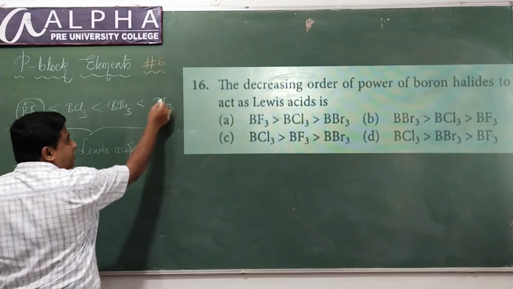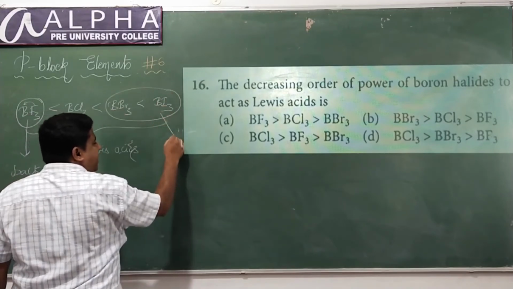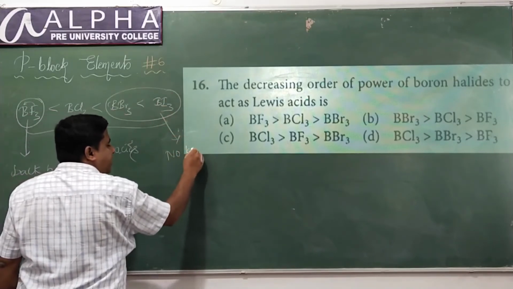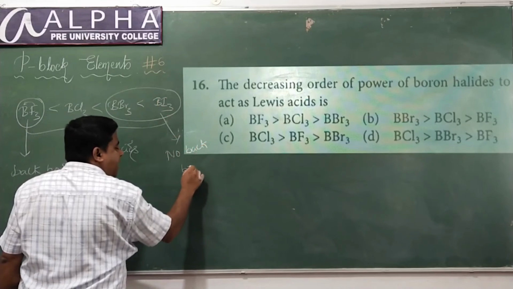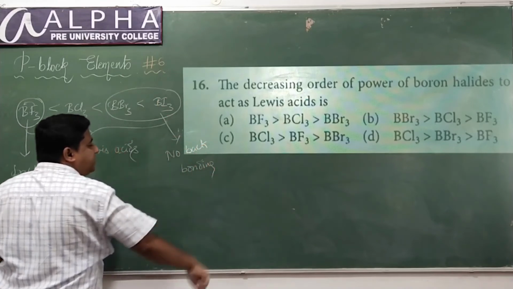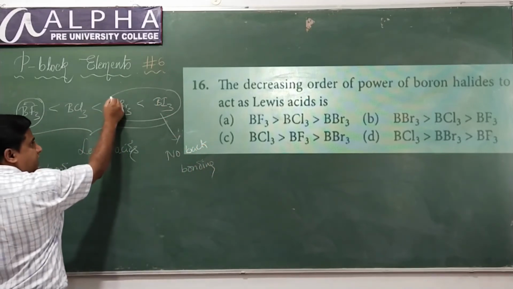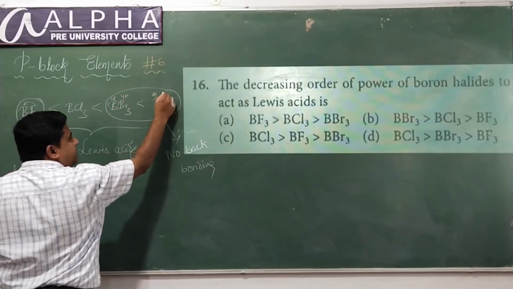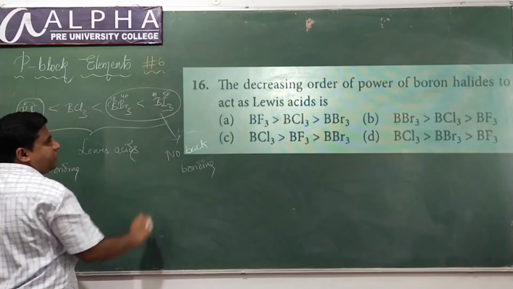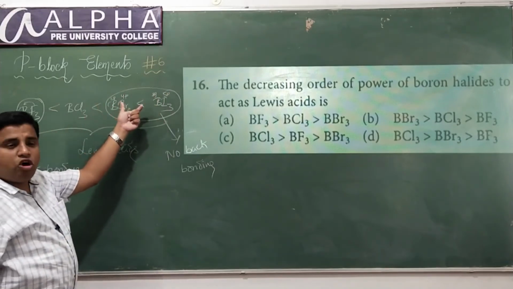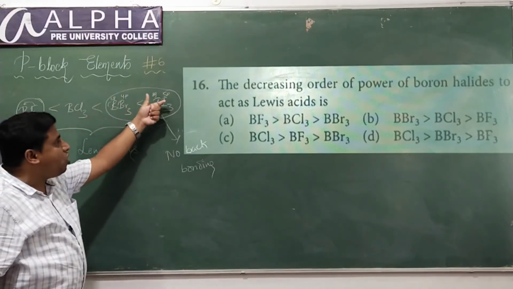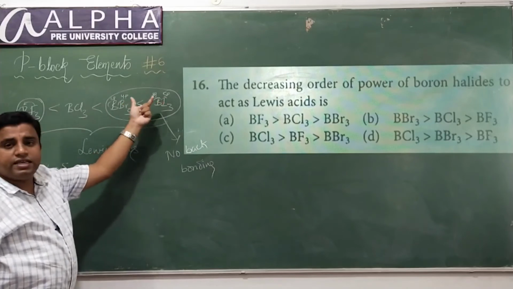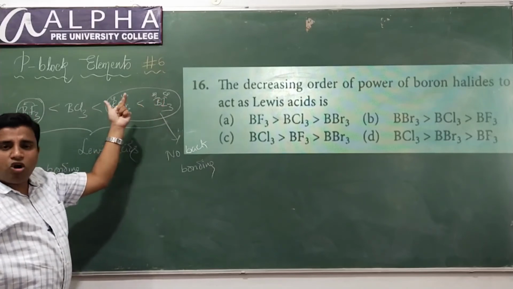Whereas in boron tribromide and boron triiodide, there is no back bonding. Why is there no back bonding? Because the energy difference is large between the orbitals of boron and the orbitals of bromine, and the orbitals of boron and iodine. Since the energy difference is large, they cannot form back bonding.